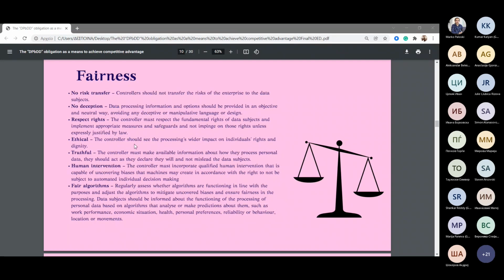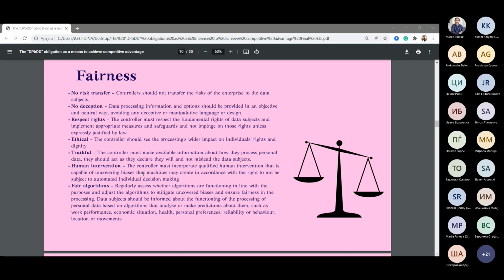Ethical. The controller should see the processing's wider impact on individual rights and dignity. Truthful. That means that the controller must make available information about how they process personal data. They should act as they declare they will and not mislead the data subjects.